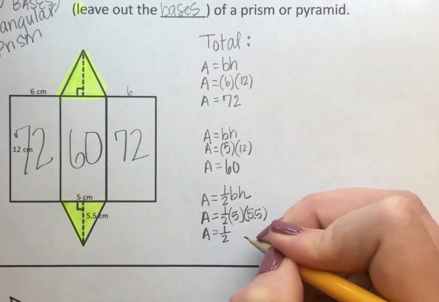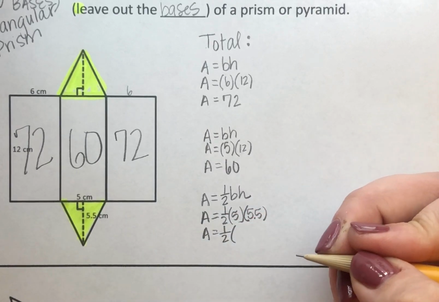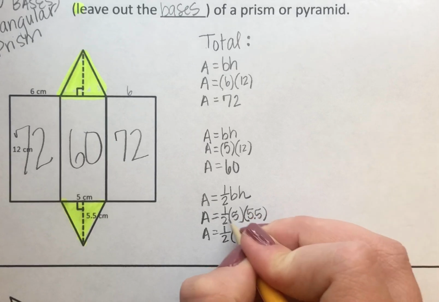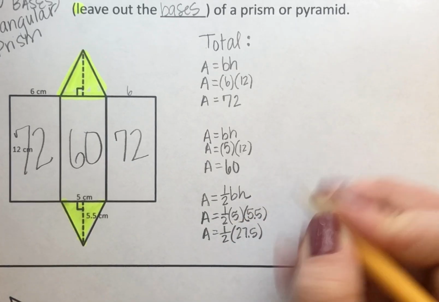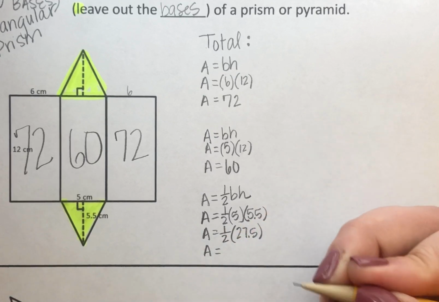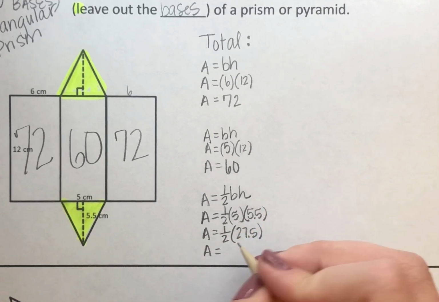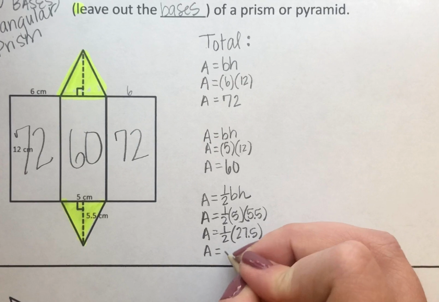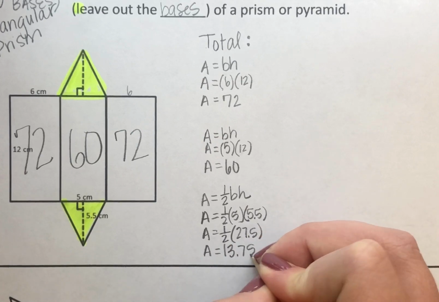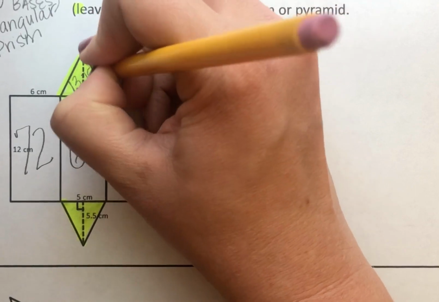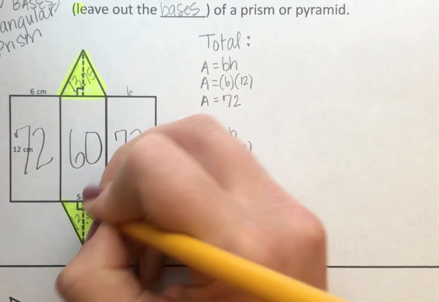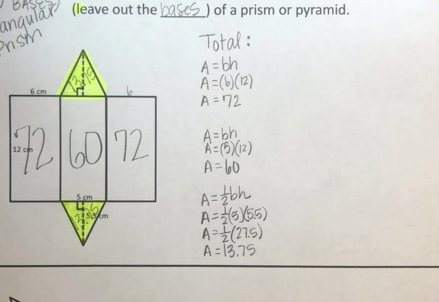We're going to go ahead and use our calculator. 5 times 5.5, which is what order of operations we would do next, is 27.5. And to find half of 27.5, we would divide that by 2, which is going to be 13.75. That means this is 13.75, and this is also 13.75.